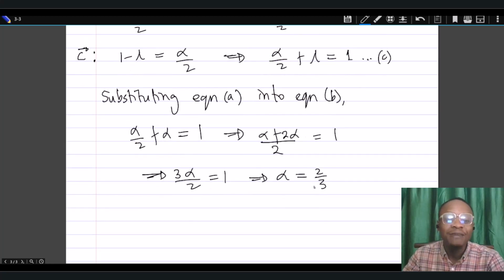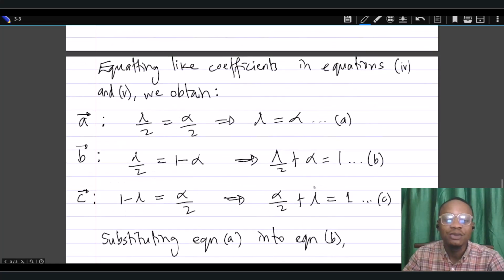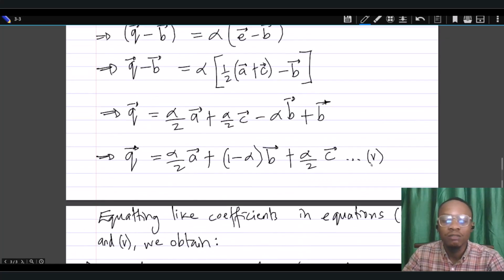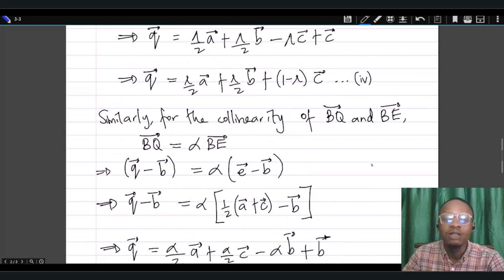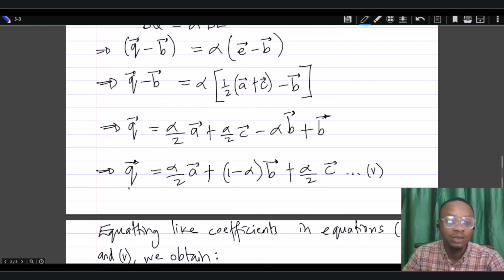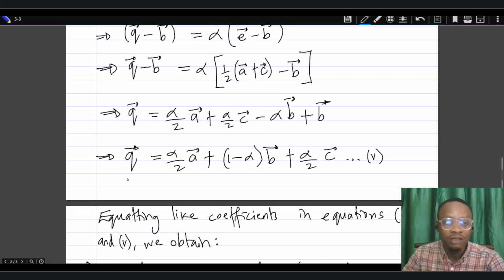So then what can we say? If we substitute alpha into either equation 4 or equation 5, we will have the relation we need between the vector Q, of that point of intersection of the two medians, and the vectors A, B, C, which are the position vectors of the vertices of the triangle.